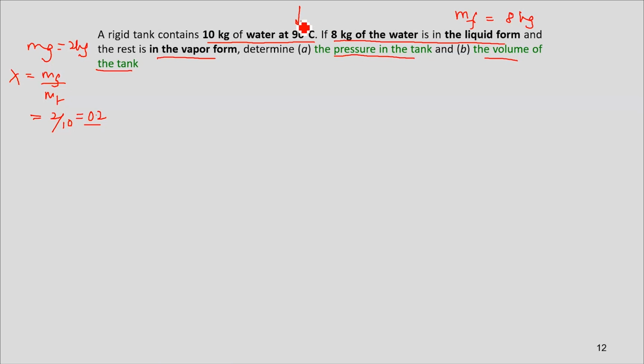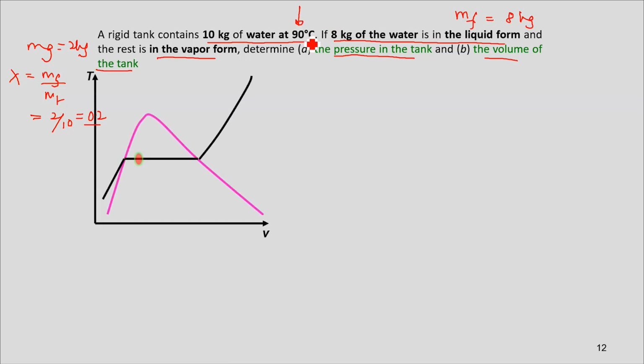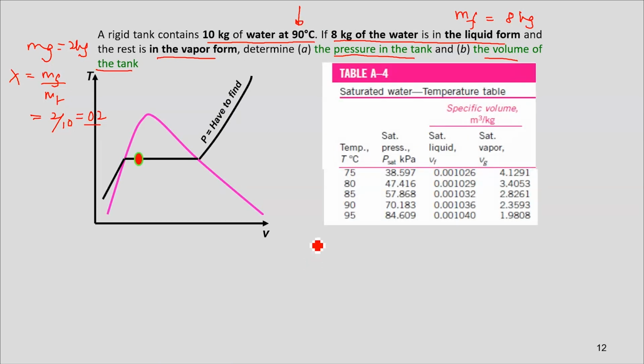Since you're talking about the 90 degrees centigrade isothermal line, you'll go to table A4, simply go to 90 degrees centigrade and read the corresponding pressure in front of it. This would give you the pressure of the tank. If you want to find the volume of the tank, it is simple.